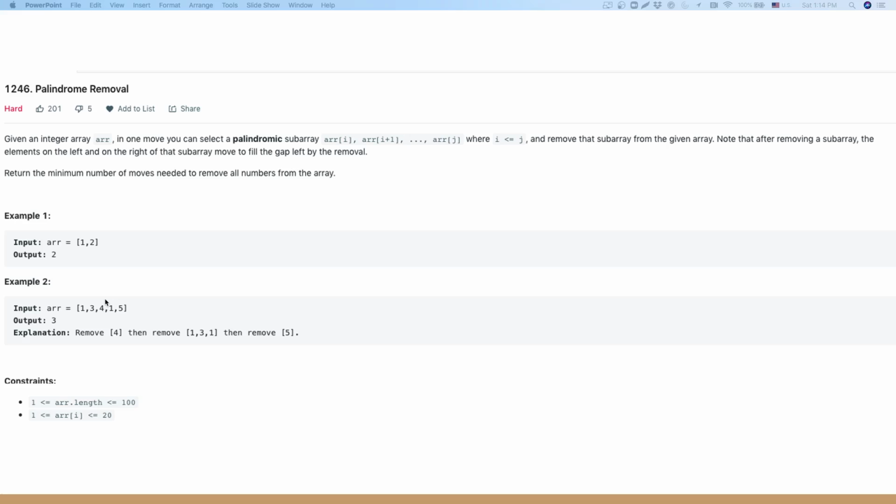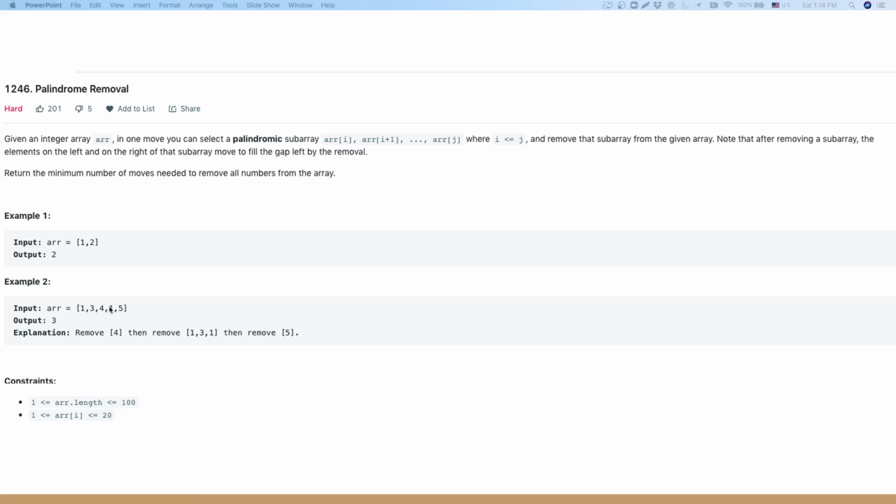So if there's no palindromic array within this array, the worst case will be every time we will remove 1, 1, 1, 1, 1. So every time we will remove one of them, and in that case, we're going to remove all of them. Each time we remove 1, so that's going to be 5.